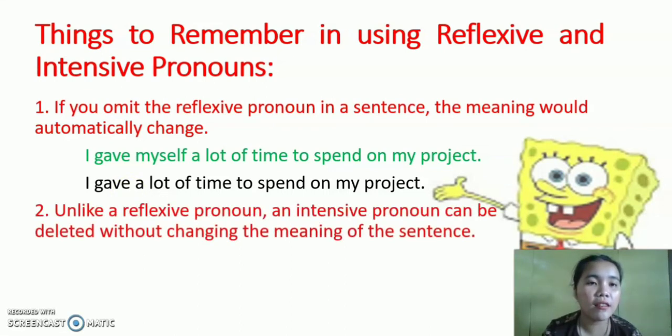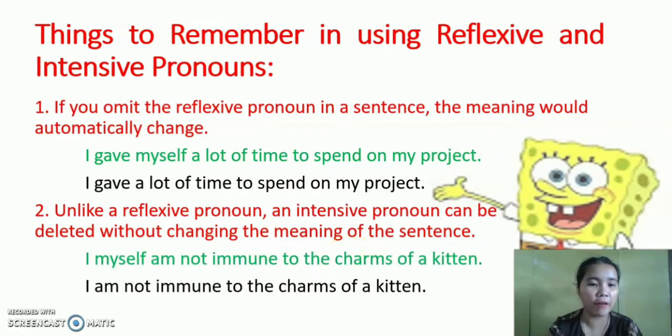The second thing to remember is, unlike a reflexive pronoun, an intensive pronoun can be deleted without changing the meaning of the sentence. So, here I have examples again. I myself am not immune to the charms of a kitten. So the intensive pronoun is myself, referring to the antecedent I. It is right next again sa antecedent nga I. So in the second sentence, I am not immune to the charms of the kitten.